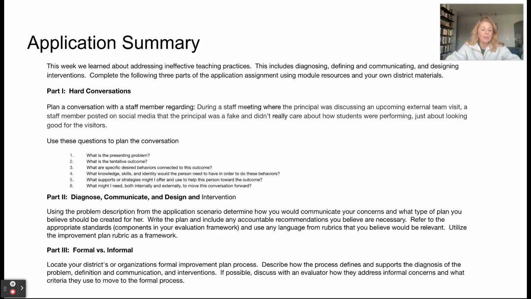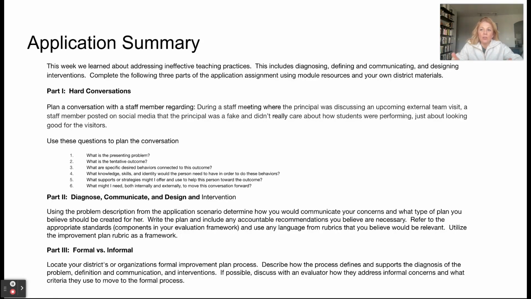And so you are going to plan a conversation with a staff member regarding a scenario that is embedded in that first slide deck. And you're going to use those 6 provided questions to plan that conversation. The second part is using a scenario provided to you. You are going to diagnose, communicate, and design an intervention.